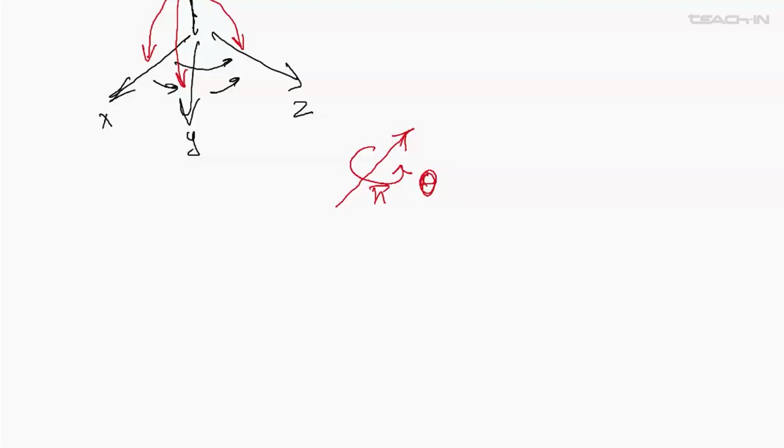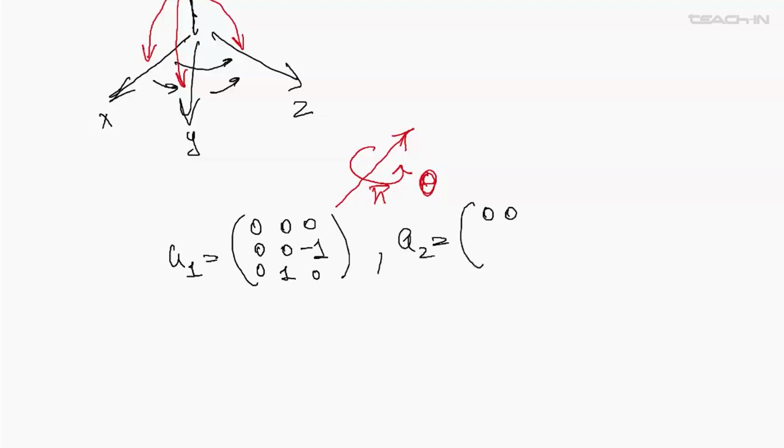And so if you define the following 3 by 3 matrices, let's denote them A1 being given by 0, 0, 0, 0, 0, minus 1, 0, 1, 0, A2 given by 0, 0, 1, 0, 0, 0, minus 1, 0, 0, and A3 given by 0, minus 1, 0, 1, 0, 0, 0, 0, 0.